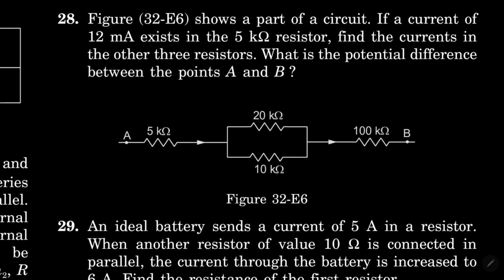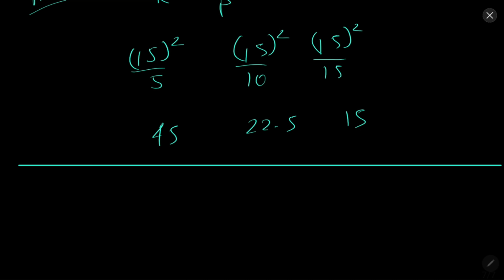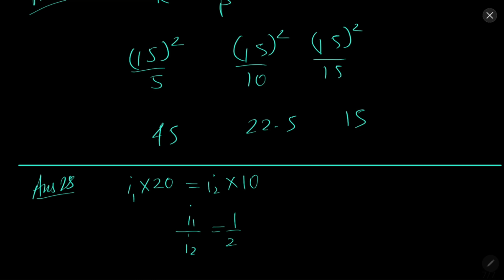In 28, we have to find potential difference between points A and B. Solution 28. So I1 into 20 equal I2 into 10. Potentials will be same, parallel connection. So I1 by I2 will come out to be 1 by 2.